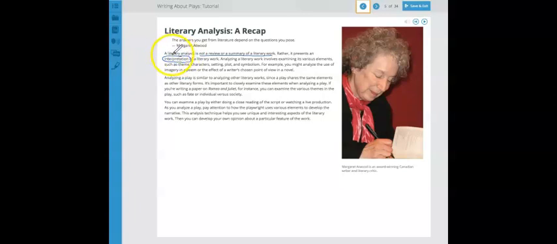So what does that mean? What do you have to do when you analyze literature? Well, it involves examining various elements like theme, characters, setting, plot, and symbolism. So those are some things you're going to need to talk about when you answer the question, what does it mean to analyze a play?